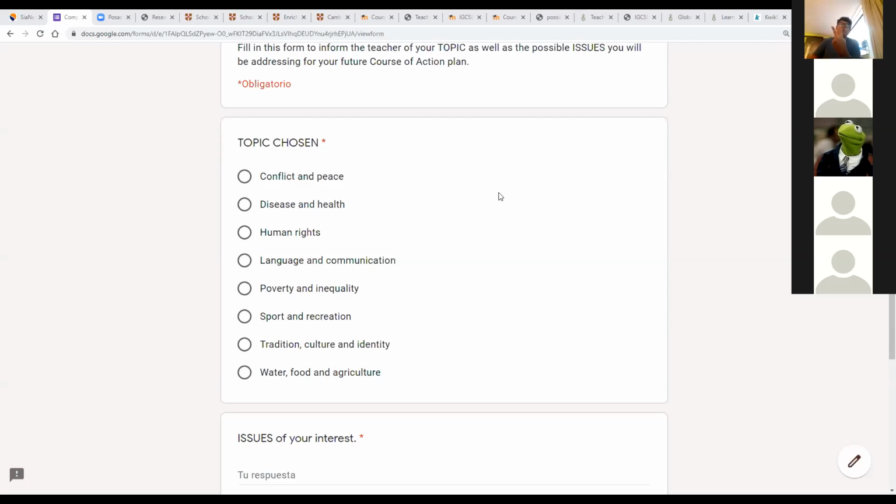Now, 2 different things are the reflection paper and the explanation paper. The explanation paper and the outcome are one for all the team. One outcome for all the team and one explanation paper for the whole team. And the reflective paper is one for each member of the group, okay?